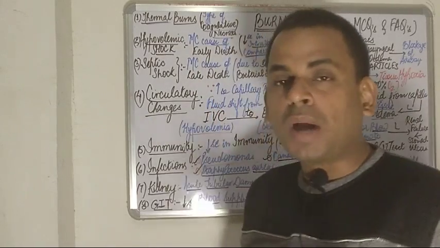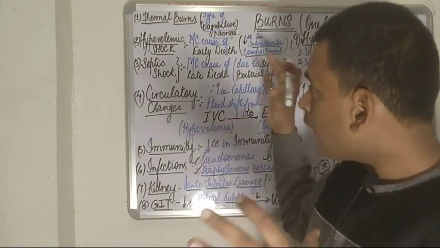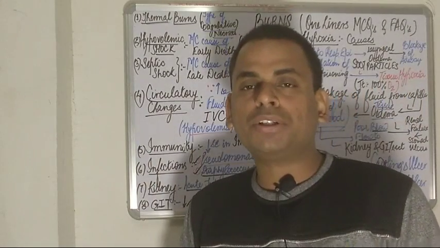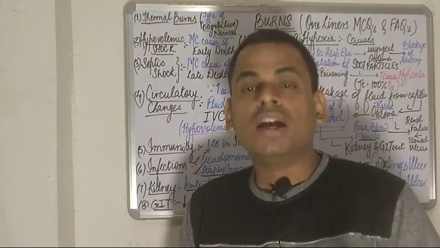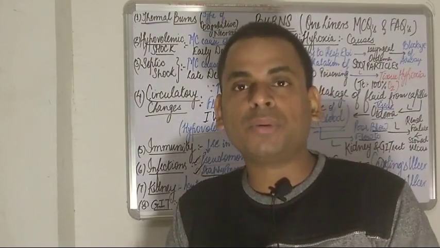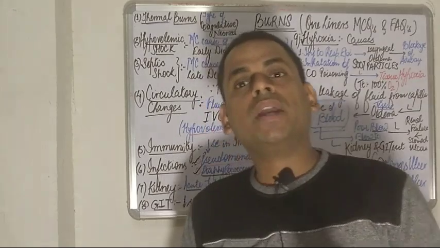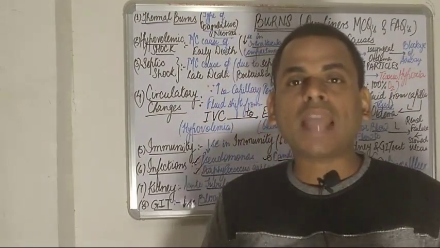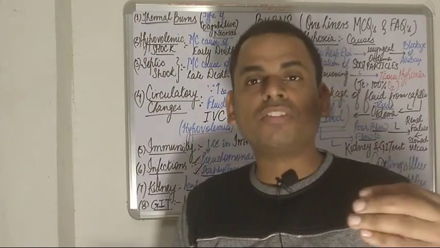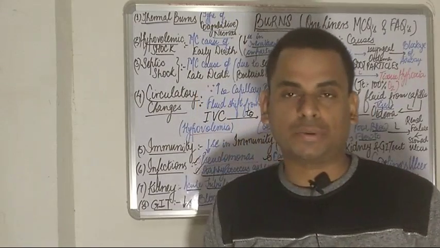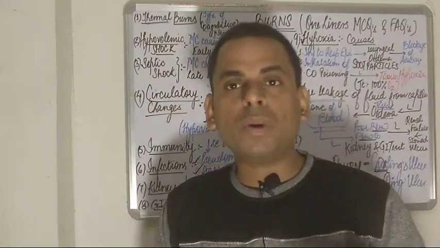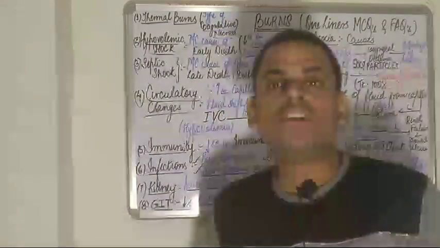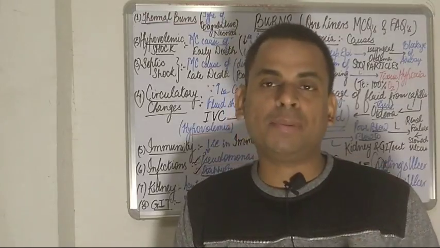The patients suffer from hypovolemic shock. Here is a short explanation as to how the hypovolemic shock is occurring. Whenever there is a burn injury, the plasma of the blood is going to filter out from the capillaries. The liquid portion, the plasma, is going to get filtered from the pores of the capillaries.